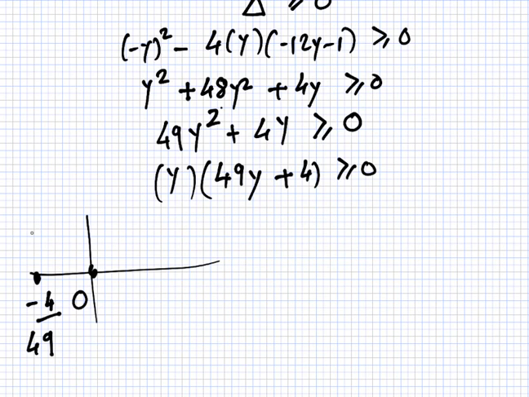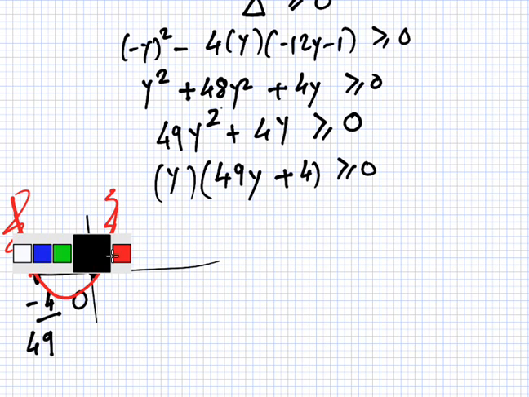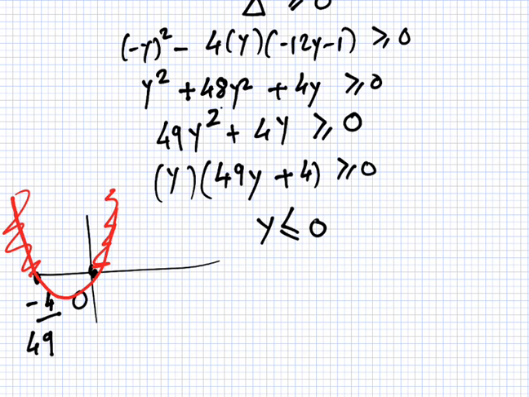So what values do I want here? Above or below? Both. Above. Not both of them? Both of them, yeah. So I want y to be less than or equal to 0, and then y less than or equal to minus 4 over 49, or y to be bigger than or equal to 0.